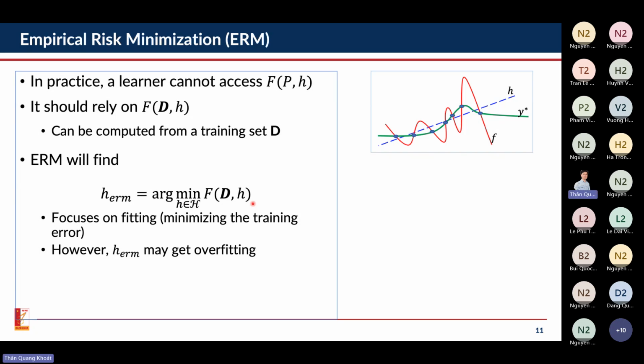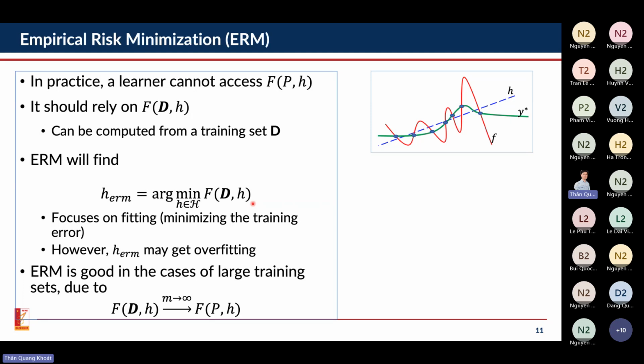But in the case where we have a very large number of training samples, this method can be very good according to the law of large numbers, right? Because by that law, we know that this empirical error will go to the expected error, right? But that is in the case of a very huge data set.